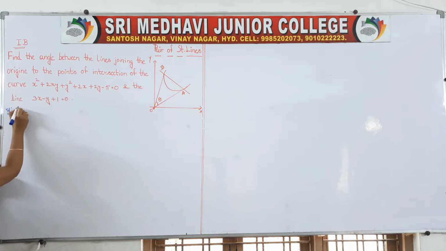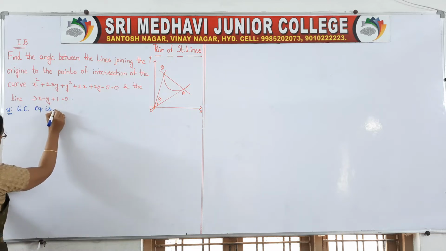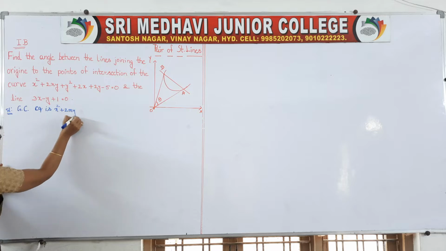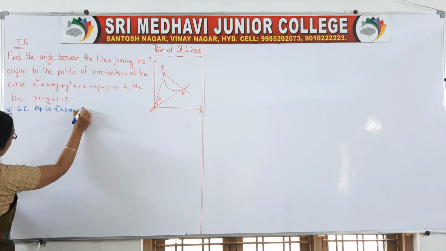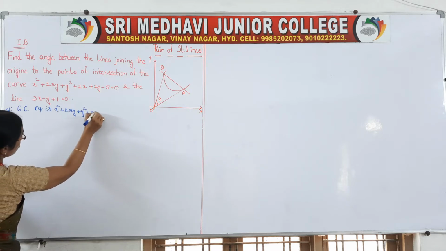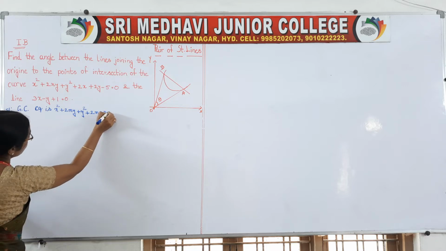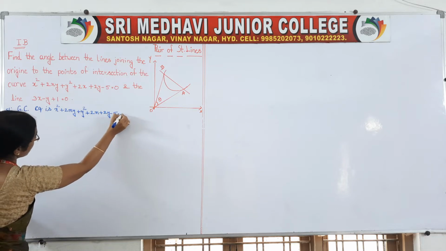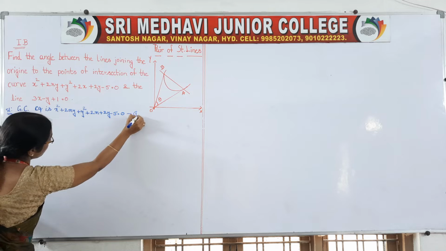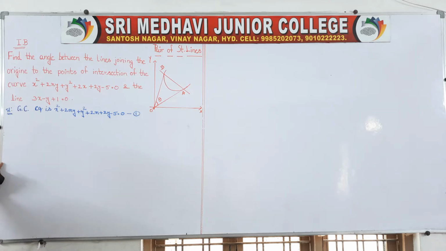So first, what is the given curve equation to you? It is x square plus 2xy plus y square plus 2x plus 2y minus 5 is equal to 0, the given curve equation.